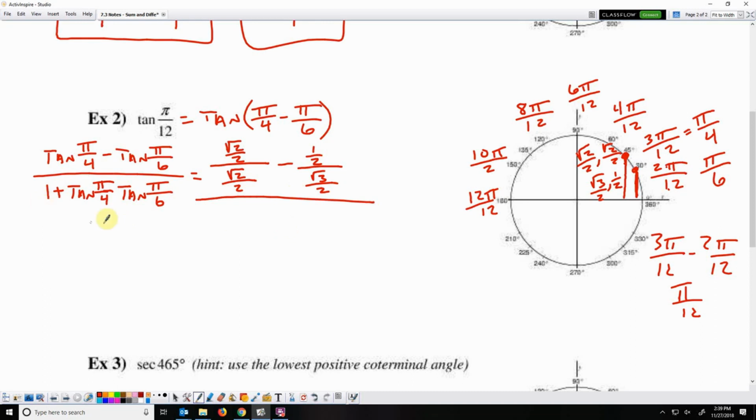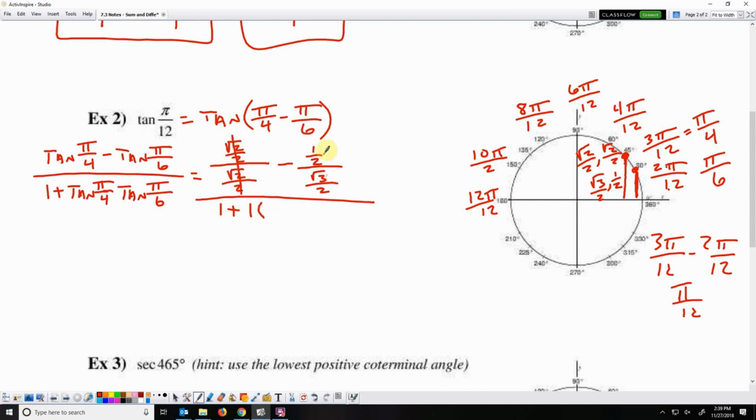And that's all over 1 plus tangent at pi over 4, times tangent at pi over 6, but when I rewrite it down here, I'm going to put the simplified form. So the tangent at pi over 4, root 2 over 2 over root 2 over 2, that cancels. That's 1.